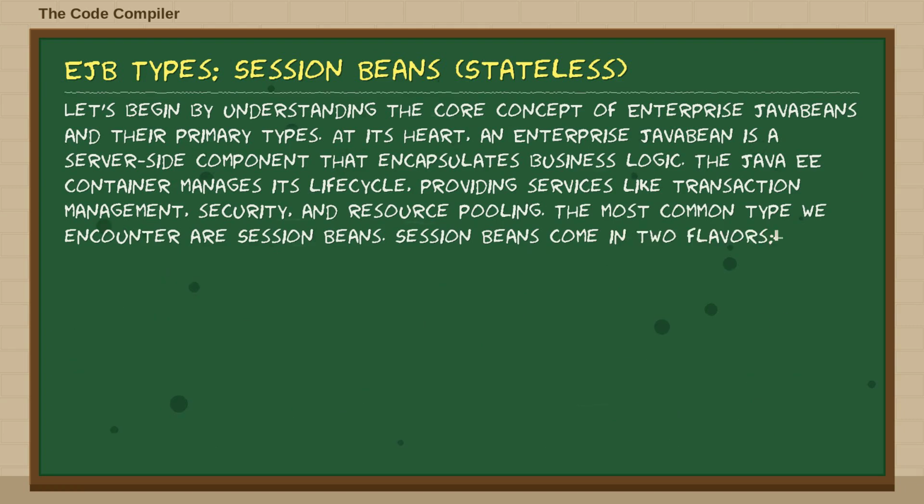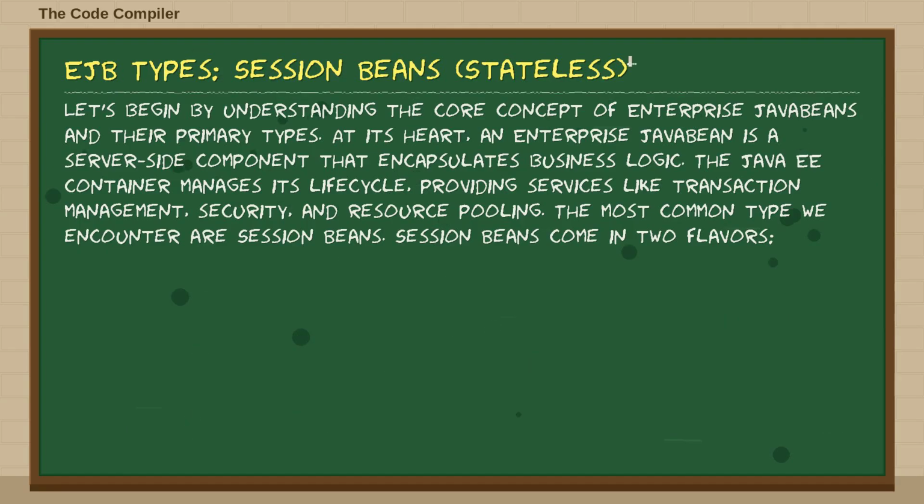The most common type we encounter are session beans. Session beans come in two flavors, stateless and stateful. A stateless session bean, marked with the @Stateless annotation, does not maintain any conversational state with the client between method calls. Think of it like a public utility.